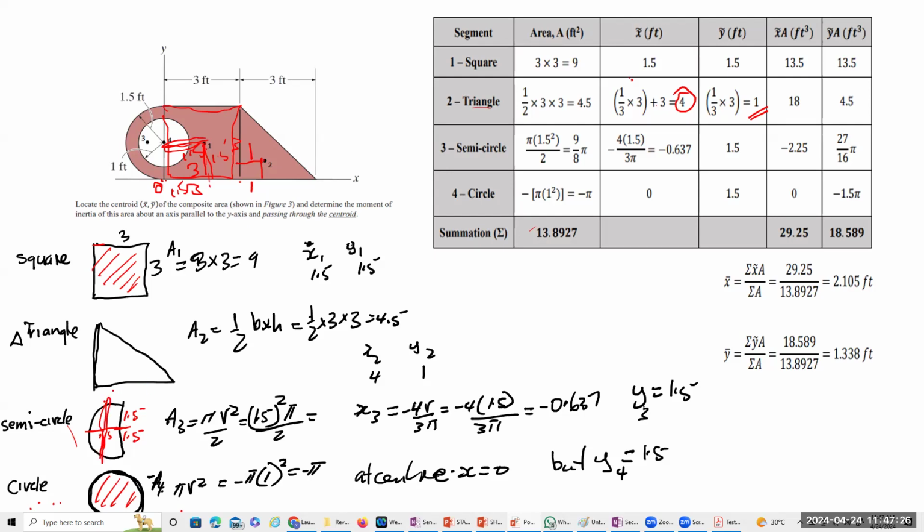That's equivalent to the X distance, which is given by this formula here for the X. But it is minus because it's over on the negative side. So it's minus 4 times 1.5 divided by 3 pi, which is minus 0.6. So it's minus 0.6 somewhere over here, running along there. Whatever distance that is, this is the minus distance here. So it is right along there.